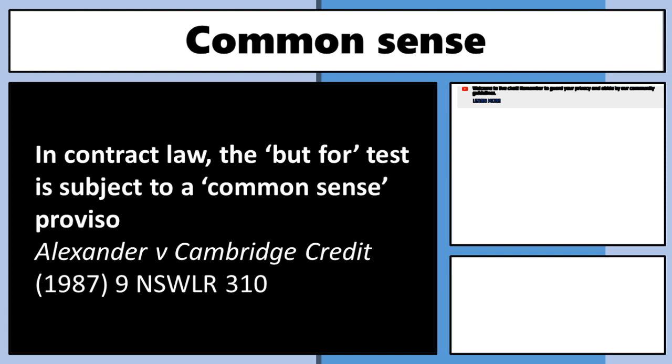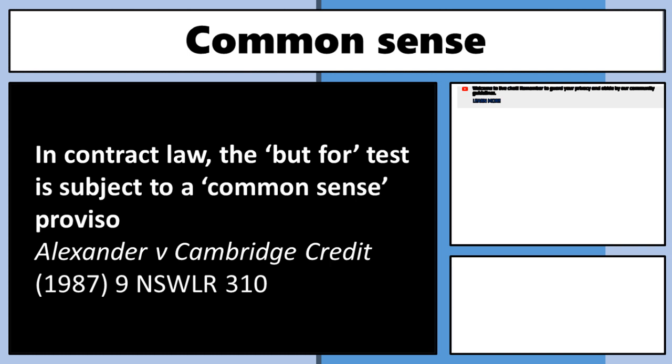So the court, and this was Justice McHugh, by the way, this is before he made it to the High Court. And there he said that, look, if you were just using a bog standard but-for test without any accommodation for any other factors, sure, you could make an argument that the auditor be held responsible for $120 million worth of loss because they made a mistake.